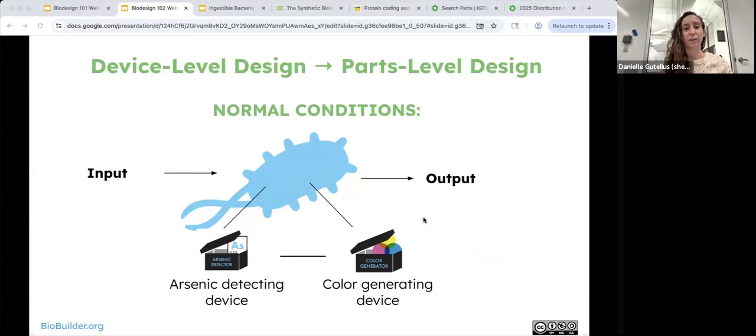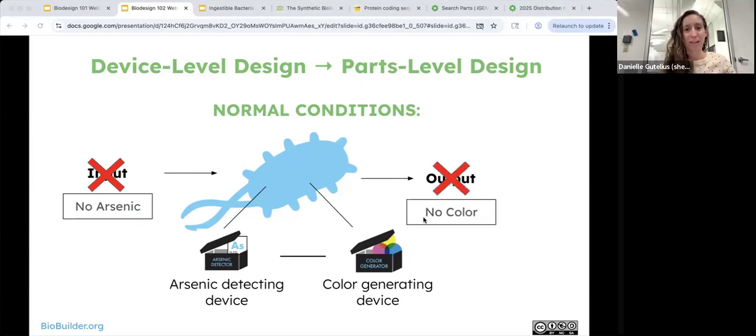Now, under normal conditions or clean water conditions, we would expect no arsenic, hopefully, or very, very low levels of arsenic, and no color. This would mean that we need the color generating device to be turned off if there's no arsenic.